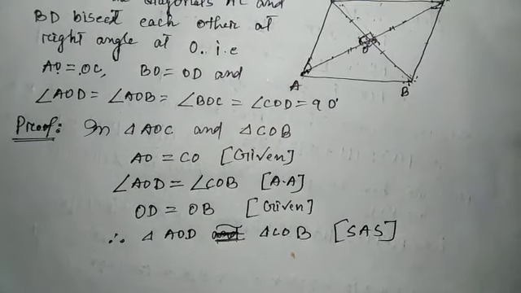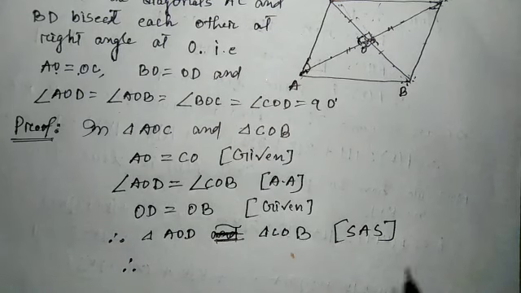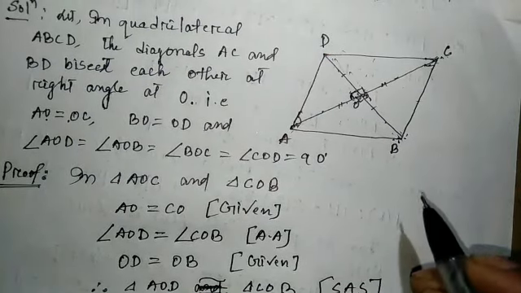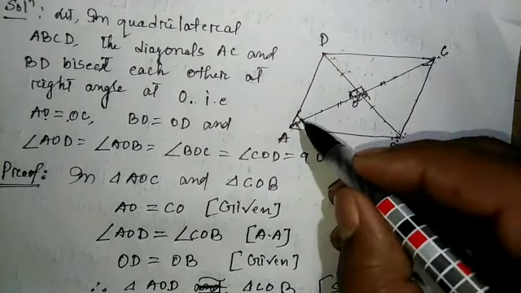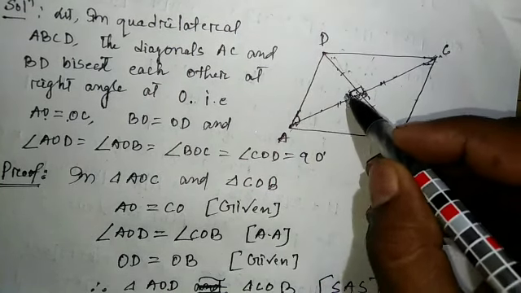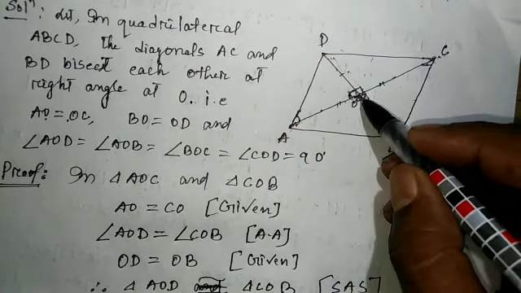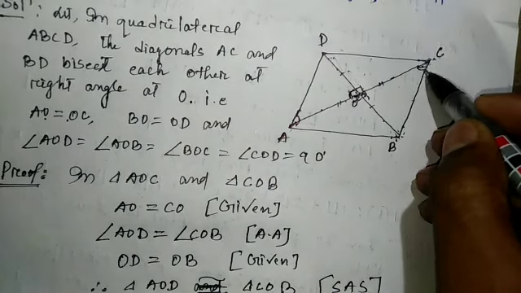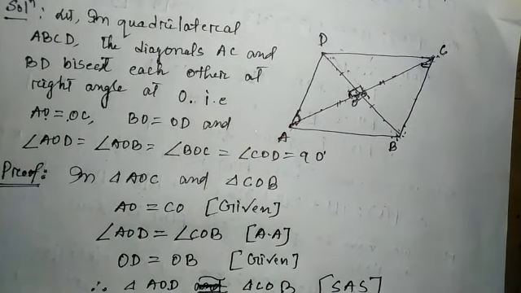Now therefore what can we write? We need to show alternate angles equal. We can prove that angle OAD and angle OCB, these two angles are equal.